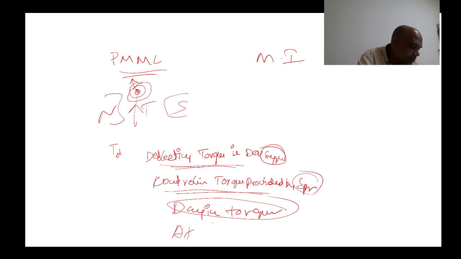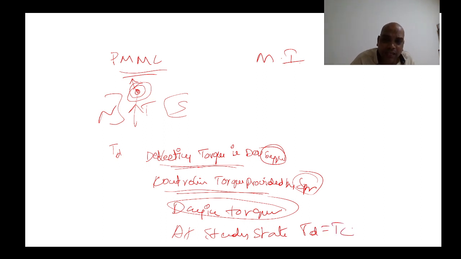At steady state, deflecting torque is equal to controlling torque. Why? Because damping is nullified.